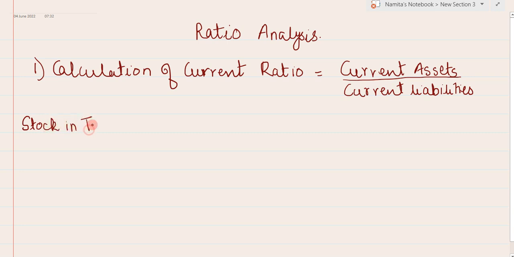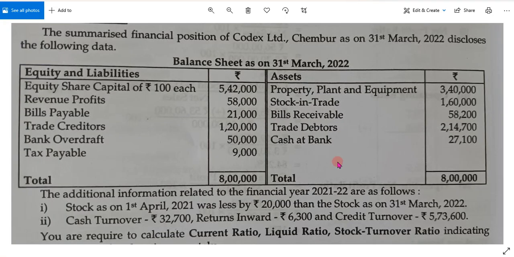So here, stock in trade, that is 1,60,000, bills receivable 58,200, then we have trade debtors 2,14,700 and cash at bank 27,100.